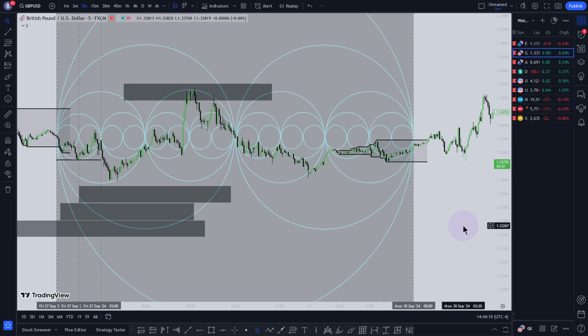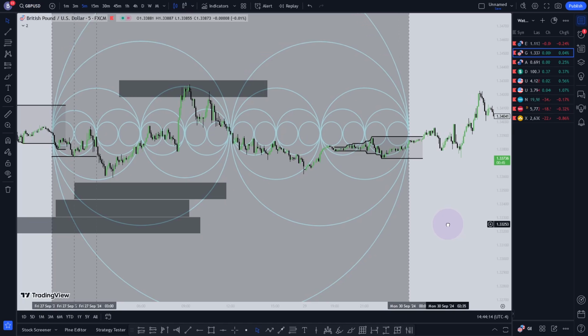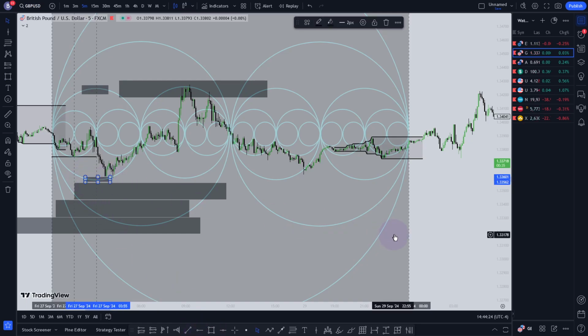Now we can look for some things. What do we see? We see a zone right here, a zone right here, here, and here.